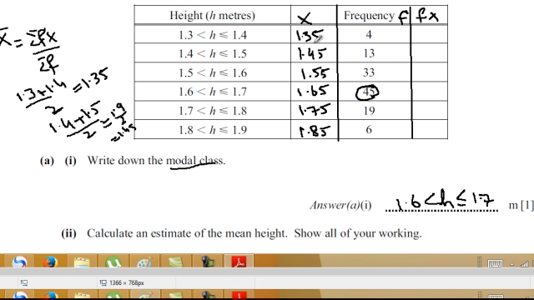So 4 times 1.35 gives us 5.4. 13 times 1.45 gives us 18.85, and 33 times 1.55 gives us 51.15, and 45 times 1.65 gives us 74.25.